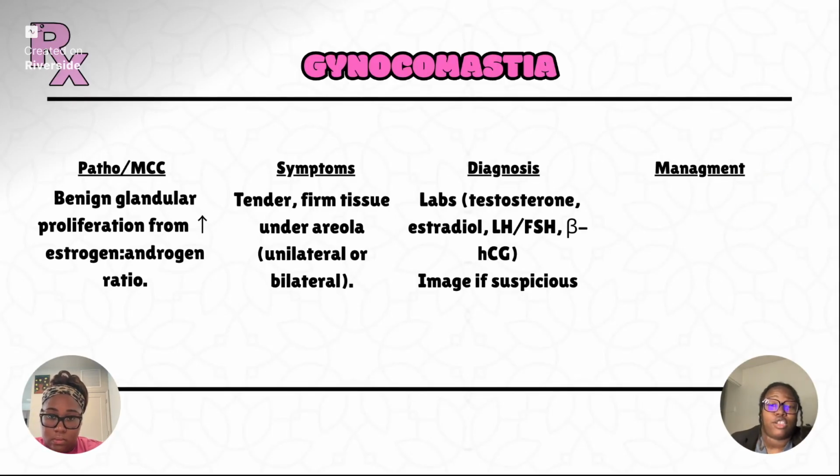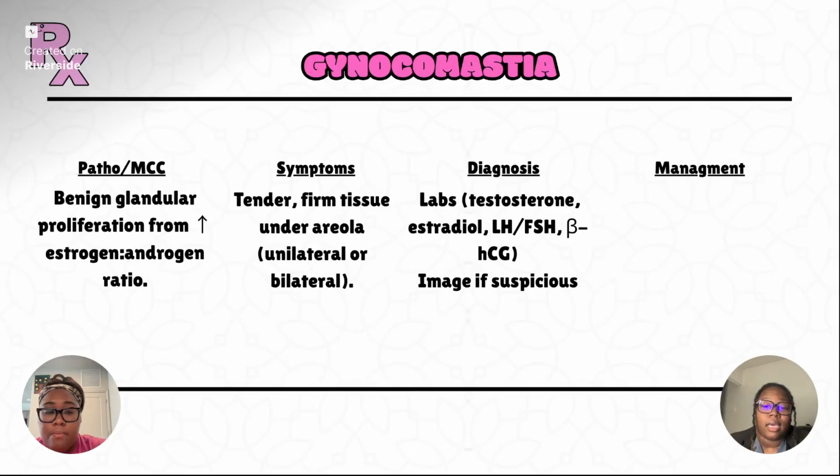You also want to get an estradiol, LH, FSH, and a beta HCG. If it is suspicious, because males can also develop breast cancer, you want to image it. Gynecomastia is seen in males because it's abnormal breast tissue growth, and in women we already have breast tissue. So nine times out of ten, the person coming into your office will be a male or a biological male.